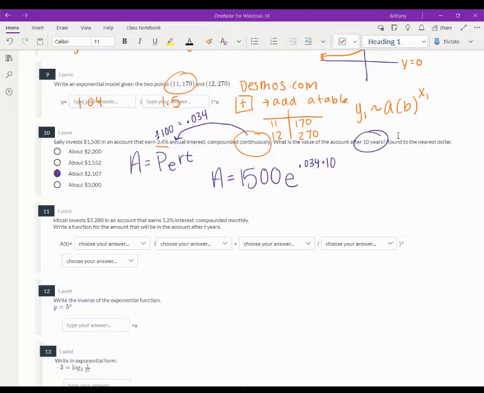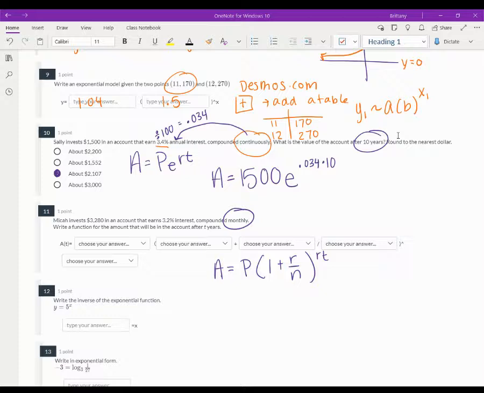Number 11, Micah invests $3,280 in an account that earns 3.2% compounded monthly. Write a function for the amount after 12 years. That is not the A-PERT because it's not continuous. So that's principal value times 1 plus the rate over n, to the n times the rate times time.